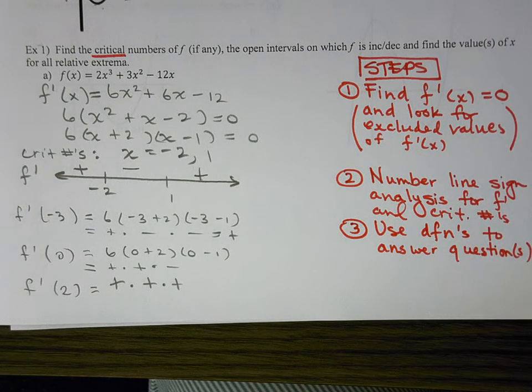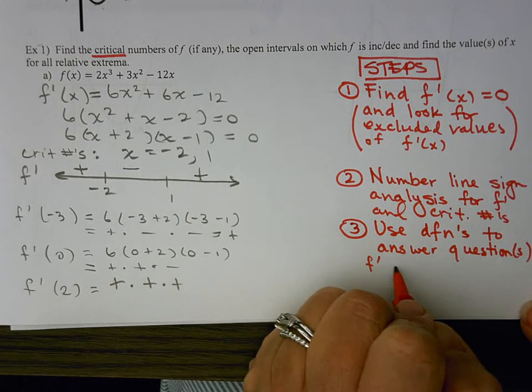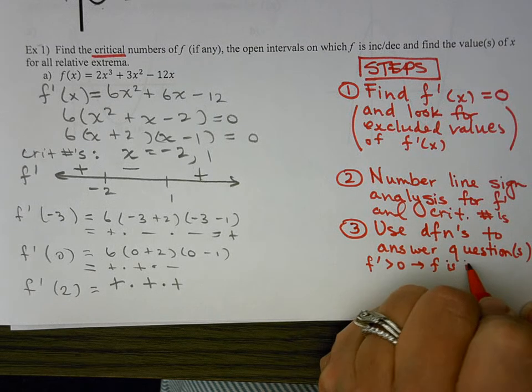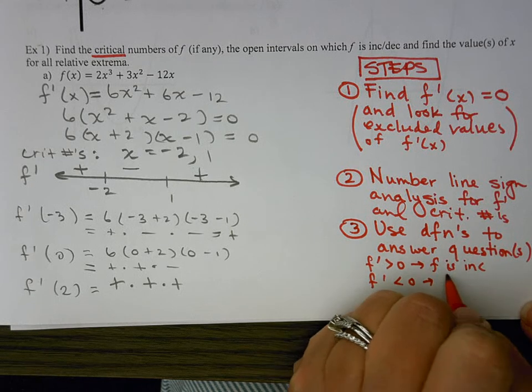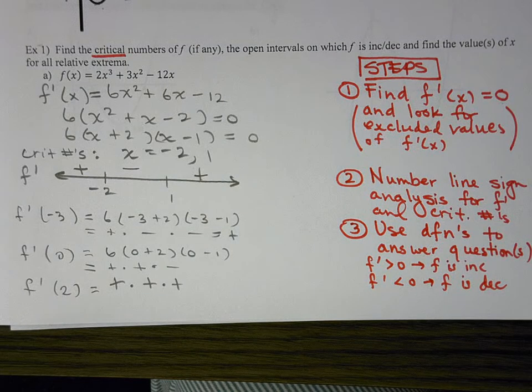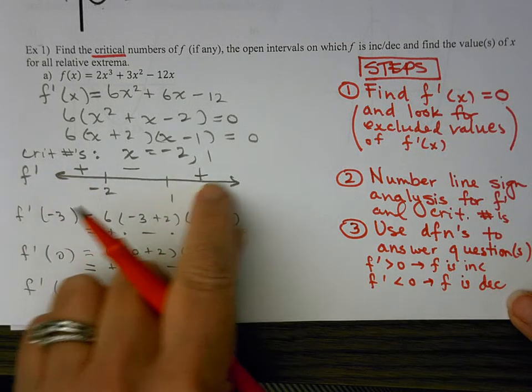All right, so what are those definitions again? Wherever f prime is greater than 0, f is increasing, right? Wherever f prime is less than 0, f is decreasing, right? That was part of that definition. So I know f prime is greater than 0 here and here, right?